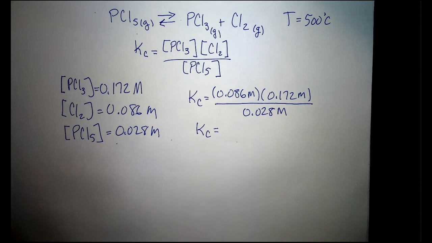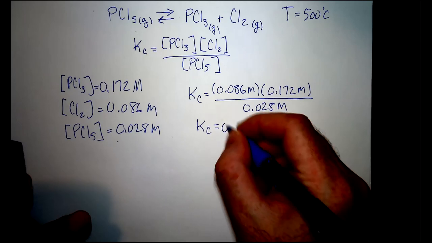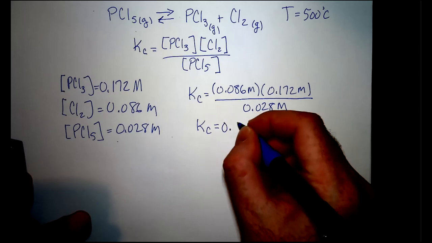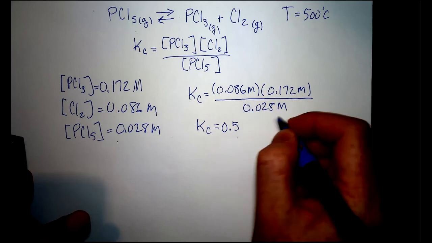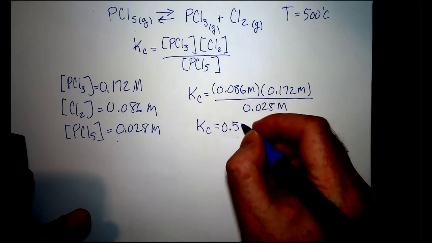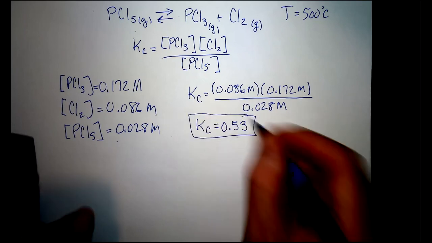So if we run that through our calculator, 0.086 times 0.172 divided by 0.028, we get an equilibrium constant of 0.5. We got 2 sig figs, so we'll go with 2 sig figs, 0.53. And so that would be our equilibrium constant.